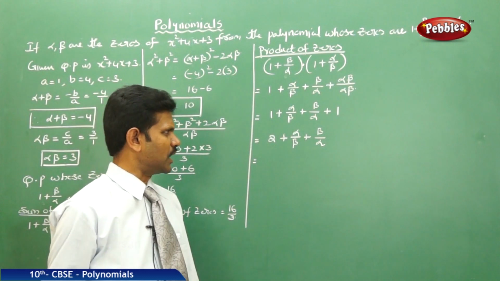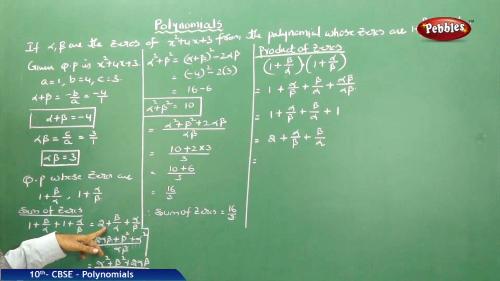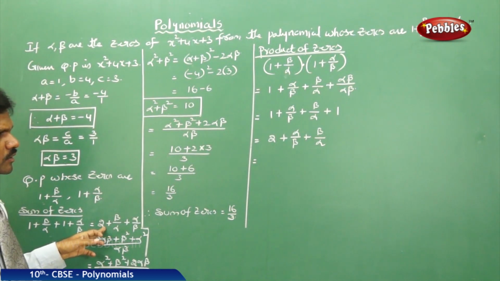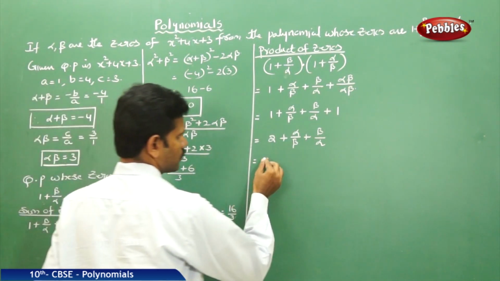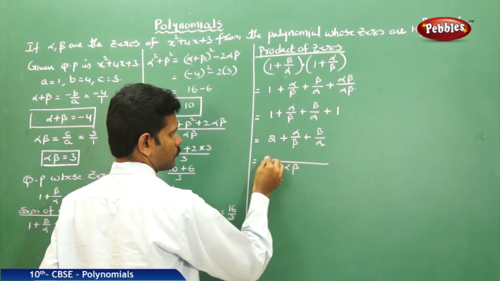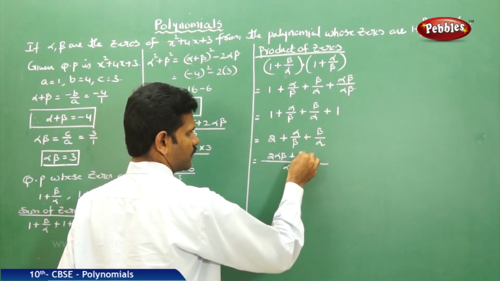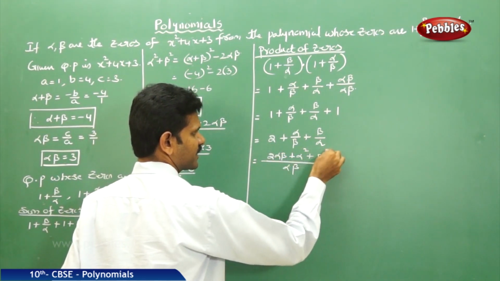When you observe this, the part 2 plus alpha by beta plus beta by alpha is just like your previous form. Alpha beta is the LCM: 2 alpha beta plus alpha square plus beta square.